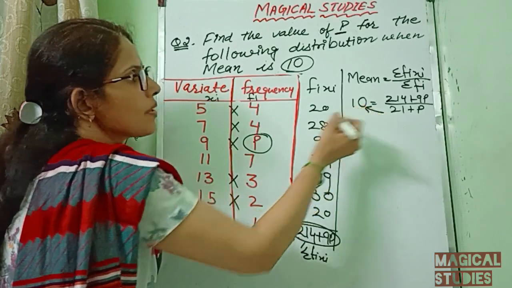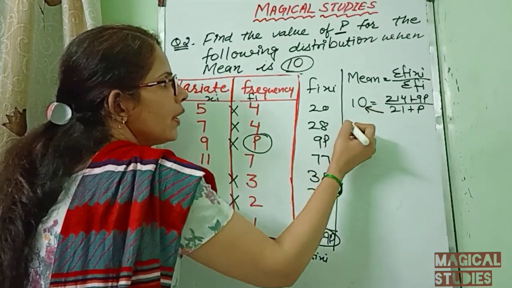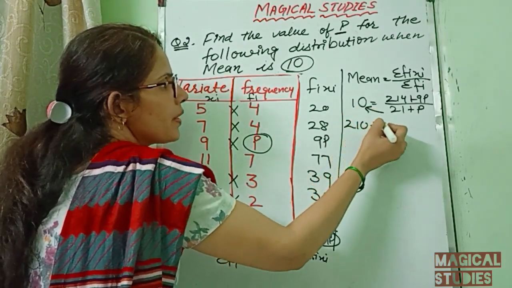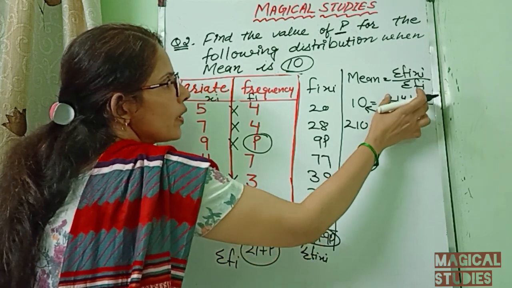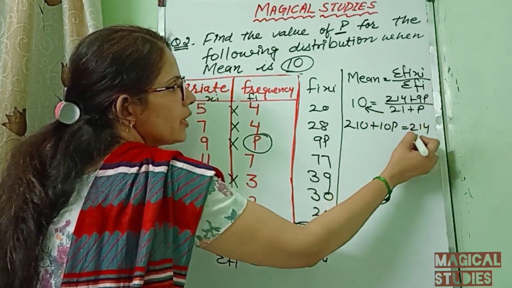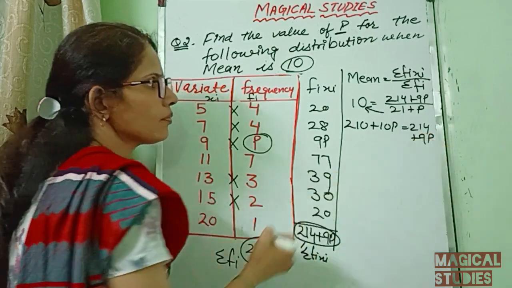Just cross multiply. 210 plus 10p is equal to 214 plus 9p.